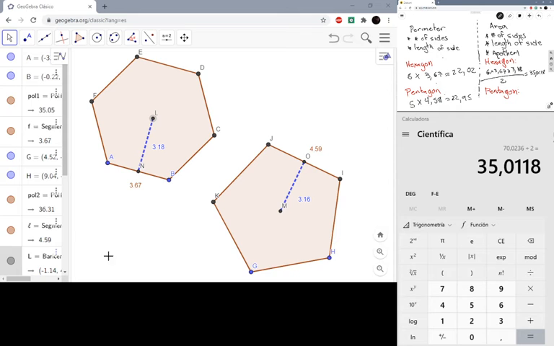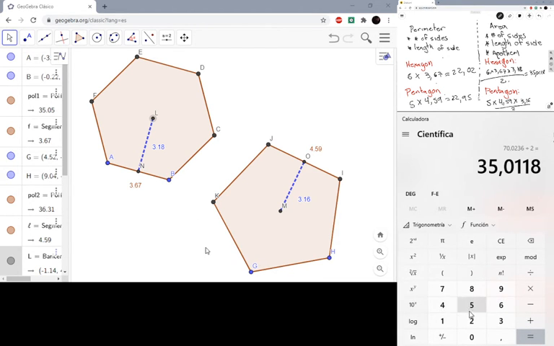And for the pentagon, you have to do the same. The number of sides, which is 5, times the length of the side, which is 4.59, times the length of the apothem, which in this case is, look at it, 3.16, and divide by 2. Let's do it in the calculator really quickly.